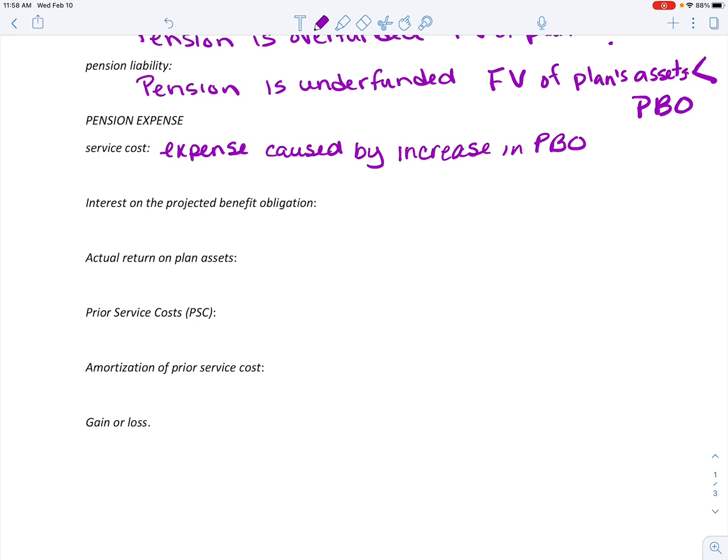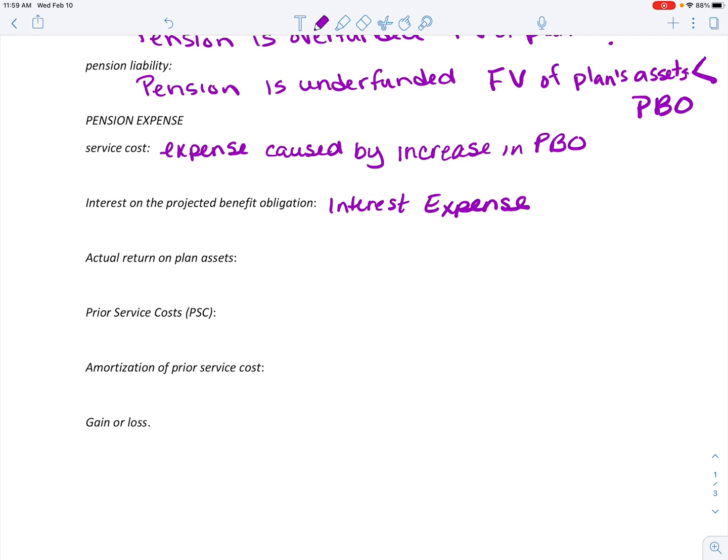You also are going to have to pay some interest on this projected benefit obligation. So interest on your projected benefit obligation is an interest expense that accrues each year on this projected benefit obligation, and it's based on your interest rate called your settlement rate.